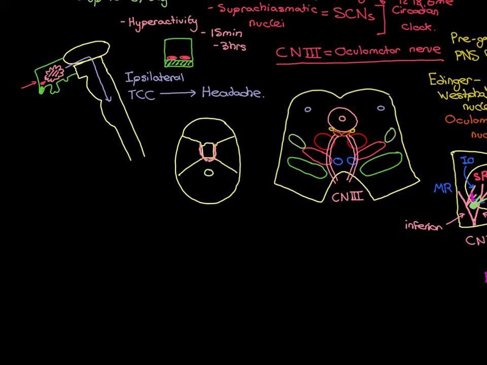We understand why there's probably not going to be meningeal symptoms because remember, to get the meningeal symptoms, you actually have to activate the meningeal nociceptors. This doesn't result in the activation of the meningeal nociceptors. It bypasses meningeal nociceptors. It activates second-order neurons in the trigeminocervical complex directly to trigger the sensation of pain.